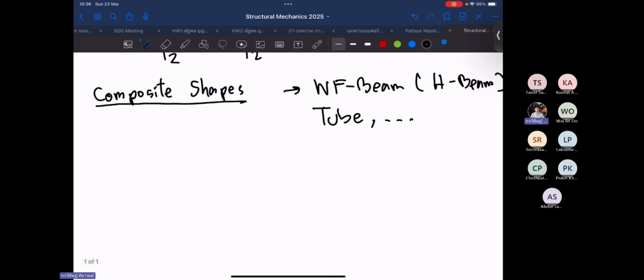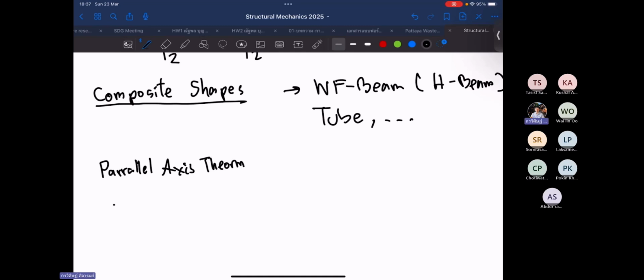So we can say that the moment of inertia in the x direction will use a formula that has a name, let me recall. We call it the parallel axis theorem.